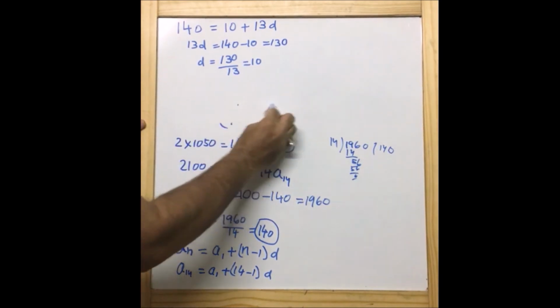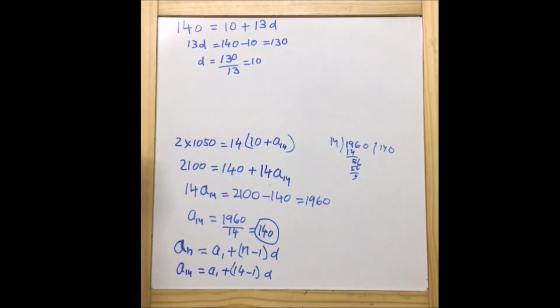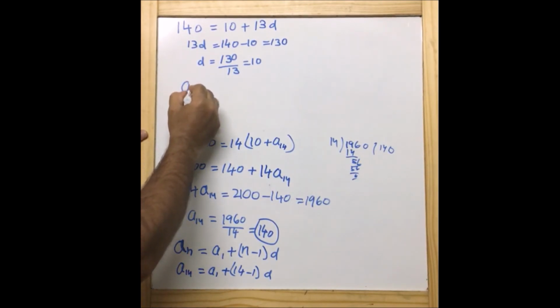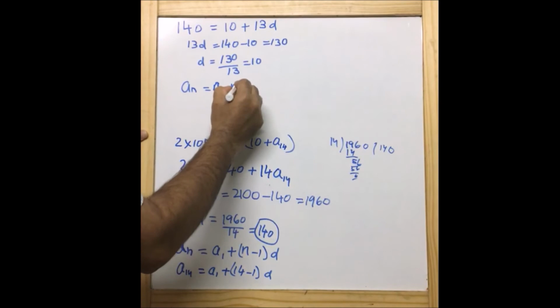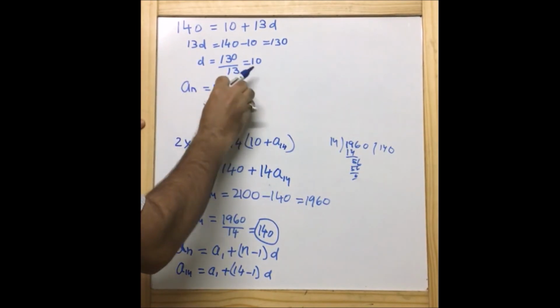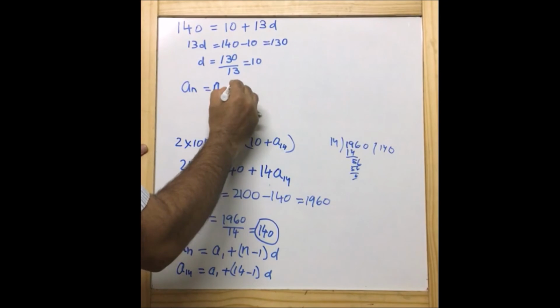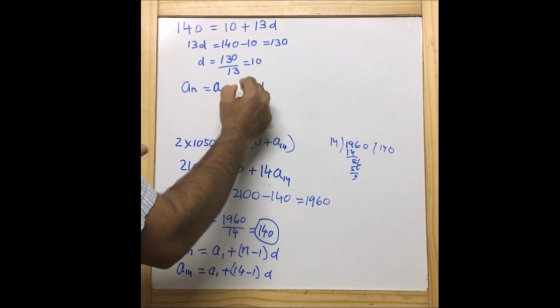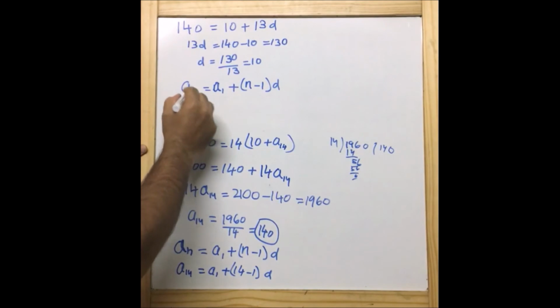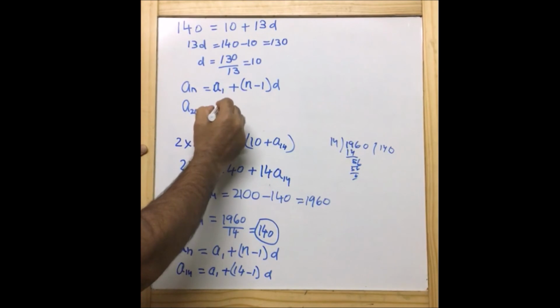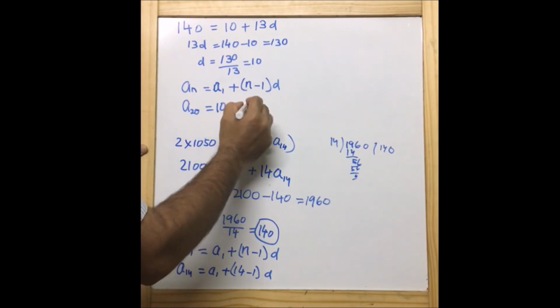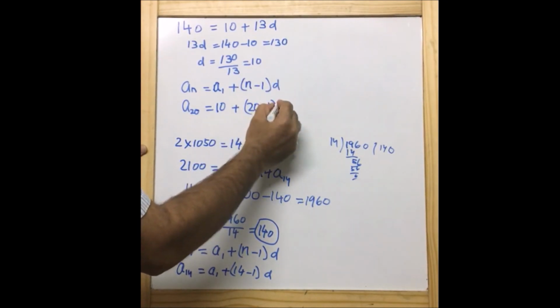Now again we are going to use the formula An is equal to A1 plus (n minus 1) into D. Here An is nothing but A20, because we are going to find the 20th value. So A1 we know is 10, plus n is 20 minus 1, into D. The D value is 10.